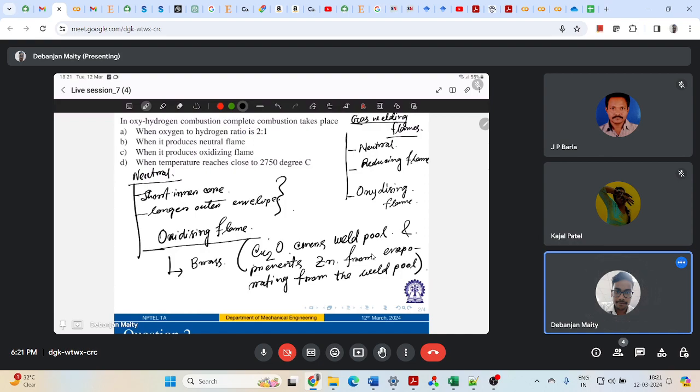So that is when you will use this oxidizing flame as such.